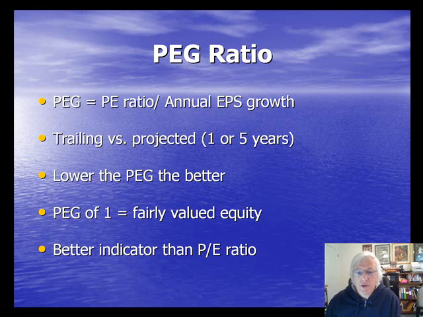The general thinking is the lower the PEG, the better, or the more fairly priced the stock. For example, if the PEG is 1, it's considered fairly valued. And the PEG is a much better indicator than the PE ratio because it does factor in growth.